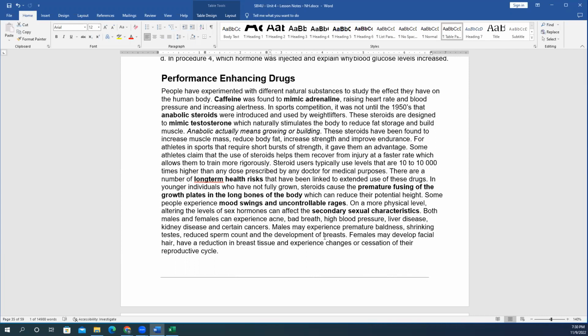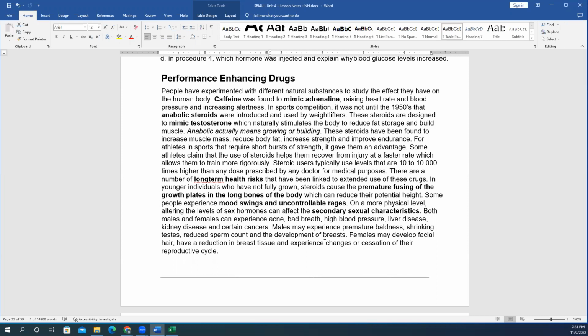And as you might imagine, there's a certain amount of risks associated with these kinds of doses, risks that will affect long-term health, especially if there is extended use of these drugs for a long time. This is particularly dangerous and of concern in younger individuals who have not yet finished fully growing.